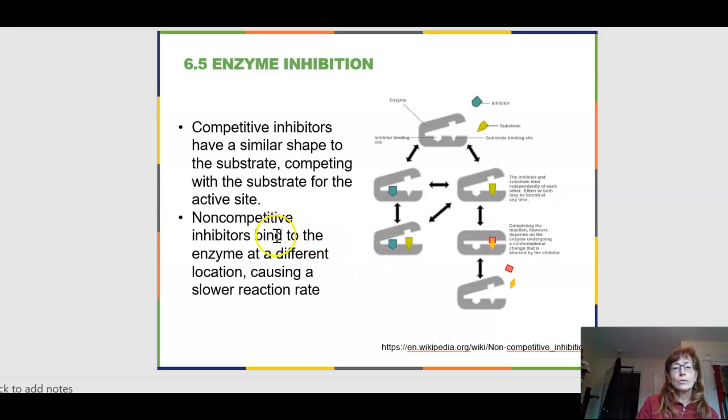The other possible way it can be inhibited is called a non-competitive inhibitor. It goes into another area, not the active site, but another area of the enzyme. It changes its shape a little bit, which then is going to interfere with that enzyme performing until that inhibitor is removed.